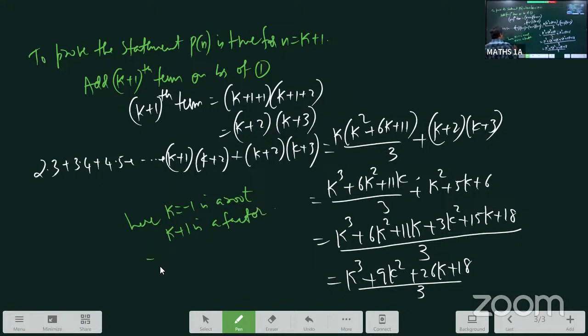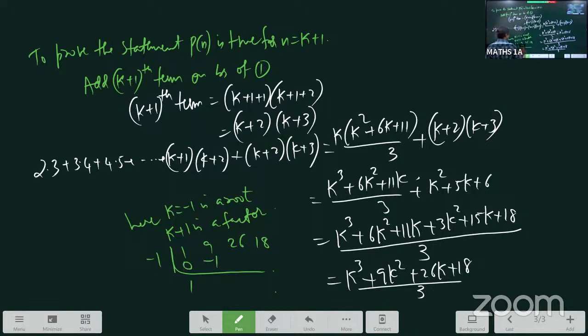Then by using synthetic division, k equal to minus 1 is the root. 1, 9, 26, 18. Now, this you put 0. I hope you know synthetic division. So 1 plus 0 is 1.